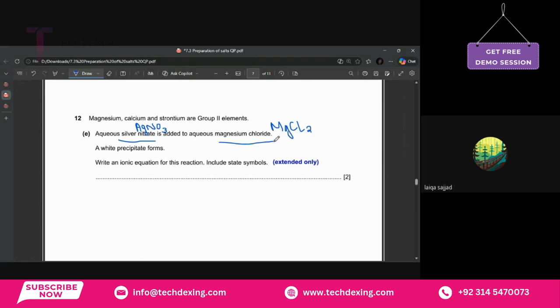Okay, but when we place them in an aqueous solution, they exist as ions. So what four ions will we get by the dissociation of these two compounds?